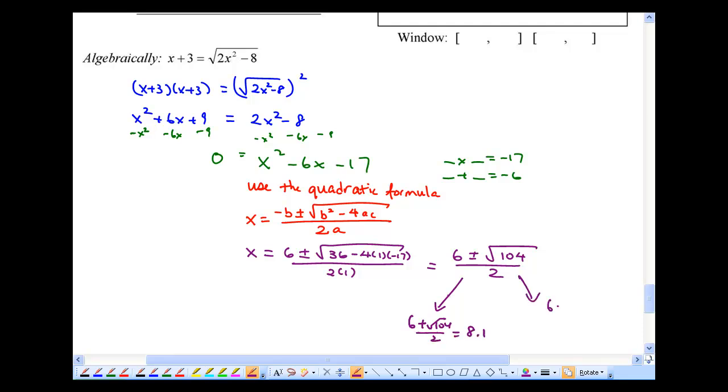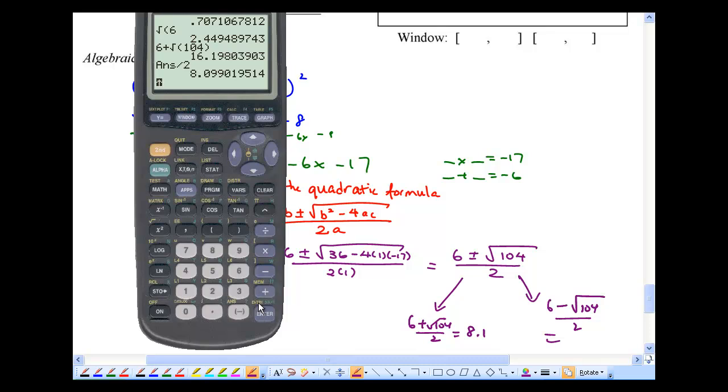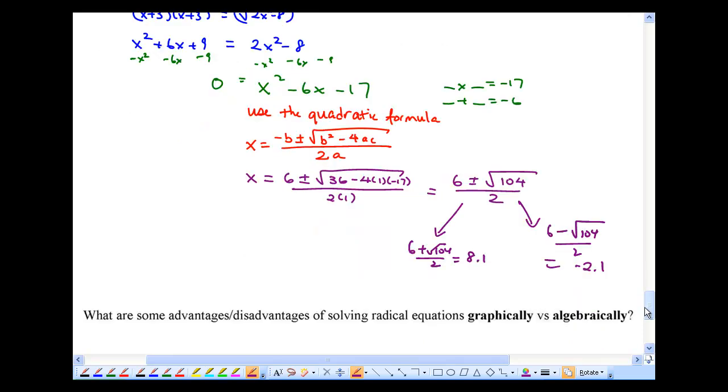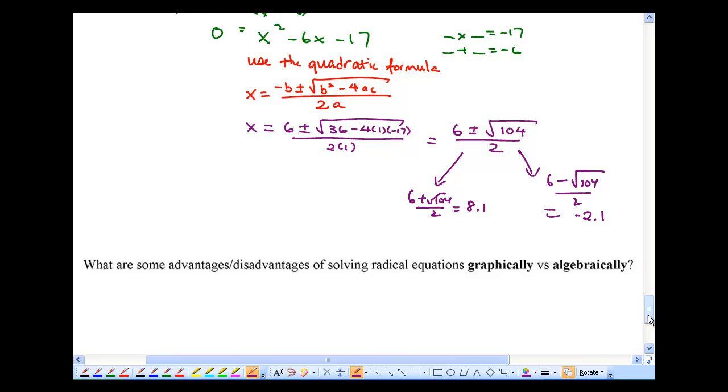And if I were to take the negative, 6 minus the square root of 104, divide that by 2. Oh yeah, negative 2.1. Life is good because the answers make sense.